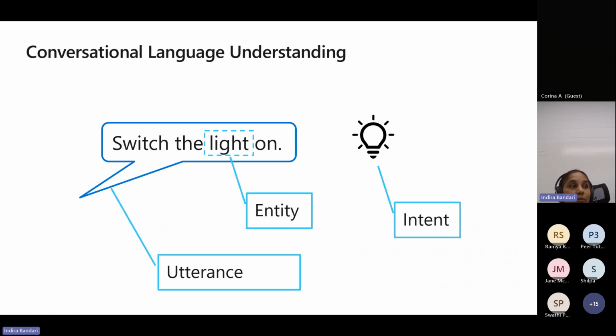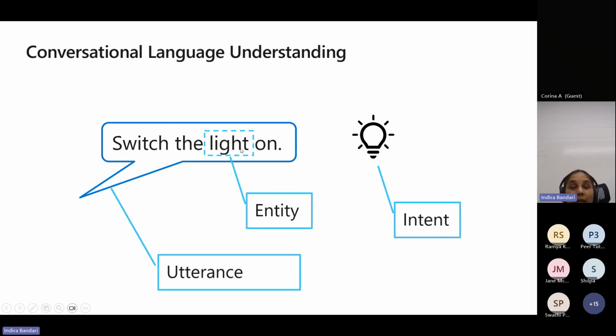Okay. Have you got it? Do you understand what an entity is? Okay, what is an utterance? An utterance is just a phrase that a user might use. For example, switch the lights on. In this utterance, what is the entity? The entity is light.